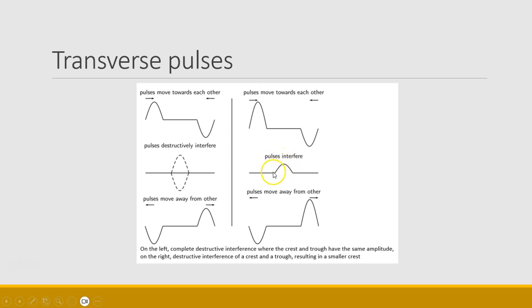So in this case, the pulse will have a crest of 2 meters. And again, once they've moved away from each other, they carry on as though they were undisturbed by one another. In the case of a trough being larger than a crest, then the resulting pulse interference will be a smaller trough.